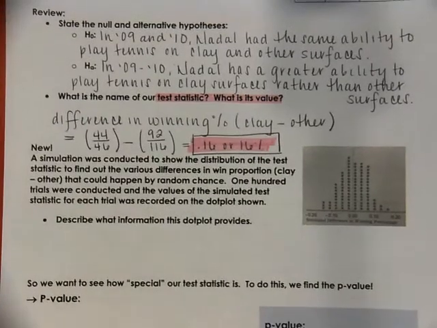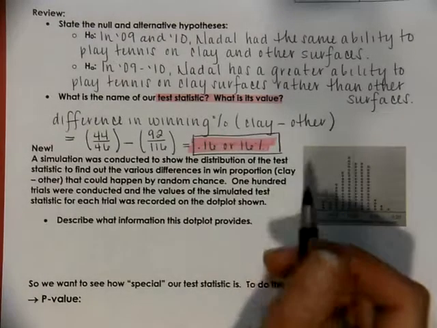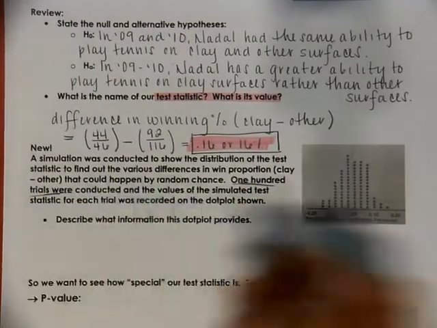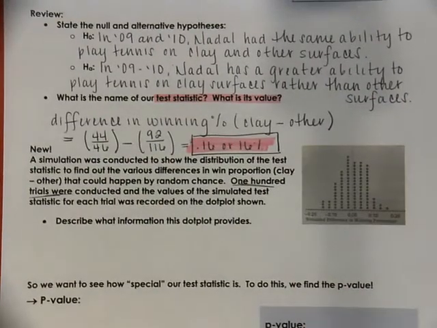So this part's new. A simulation was conducted to show the distribution of the test statistic to find out the various differences in winning proportions that could happen by random chance. 100 trials were conducted. So remember, this dot plot has 100 dots, to find the values of the simulated test statistic for each trial, and they were recorded in the dot plot shown.